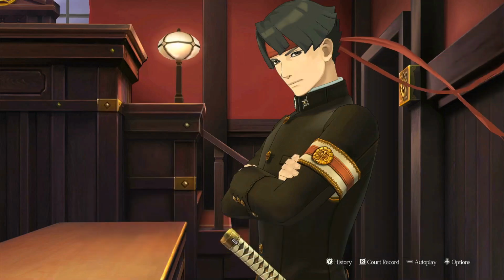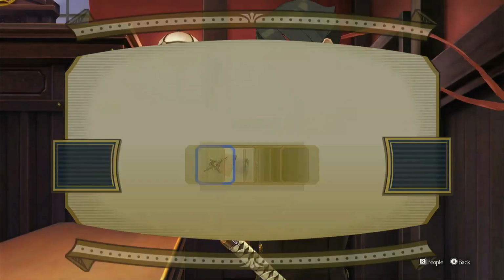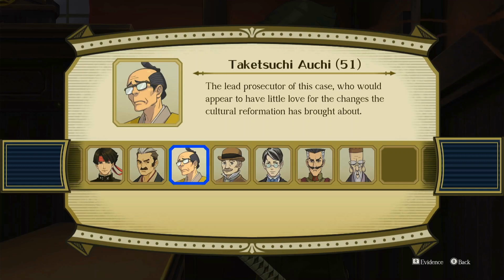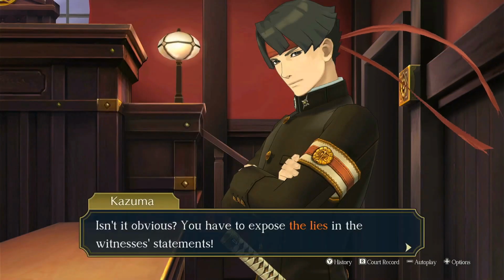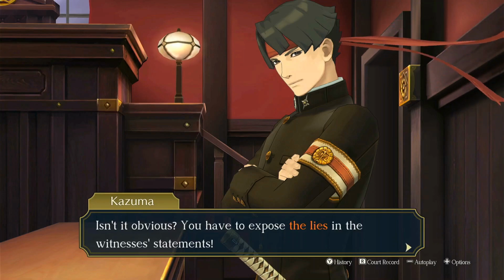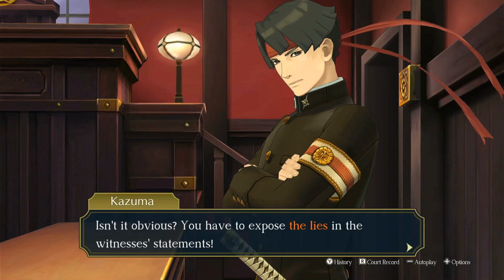And it is from there that the prosecutor, Taketsuki Ouchi, Prosecutor Ouchi, in trial, called in a few witnesses, these guys here, and they gave testimony, and we are going to cross-examine them, exposing the lies, as Kazuma said. So, yeah, let's just do this.